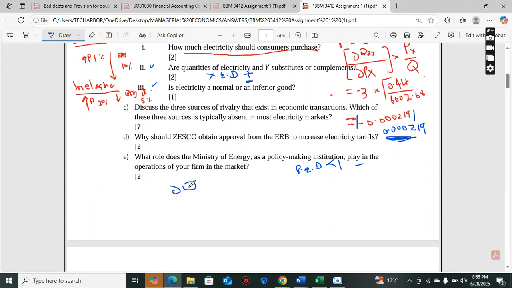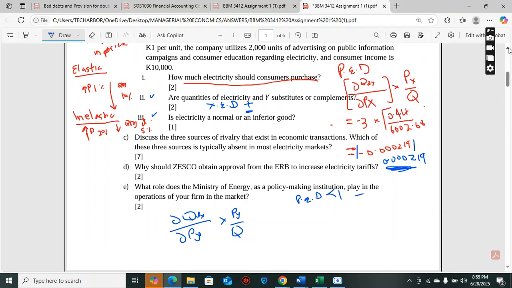You derive the demand function QDX with respect to PY, multiplied by PY over Q. That's how you get your cross price elasticity of demand.